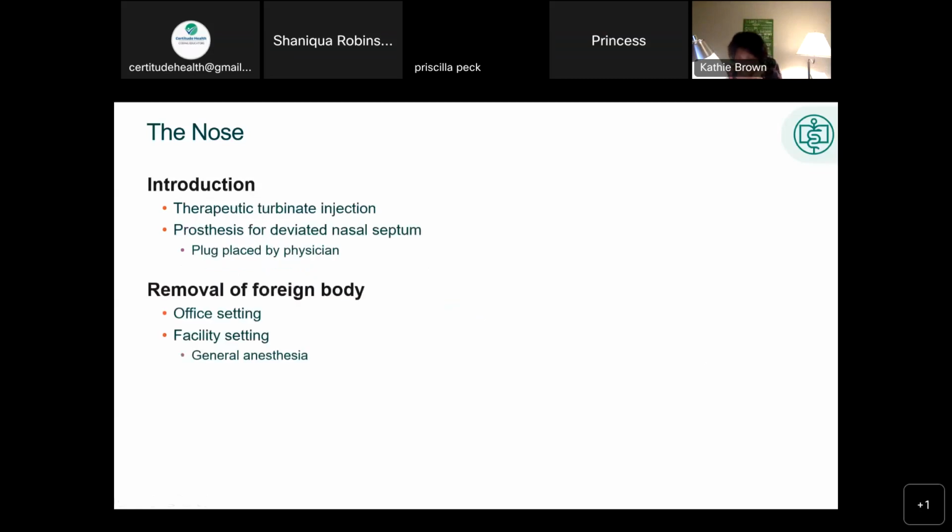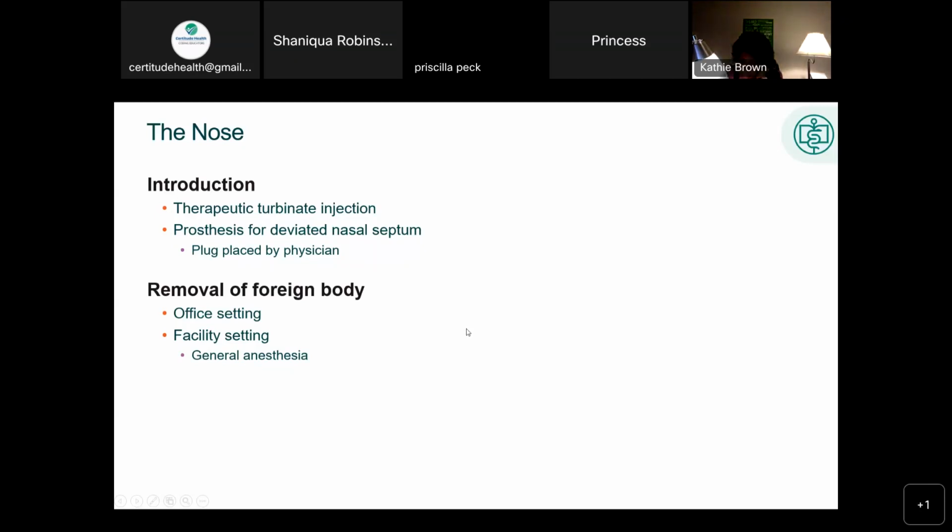Other procedures in the nose are introduction. The examples they give are a prosthetic for deviated nasal septum, which I've definitely seen, or removal of a foreign body, where you see removal there. Think about children, they stick anything up their nose.